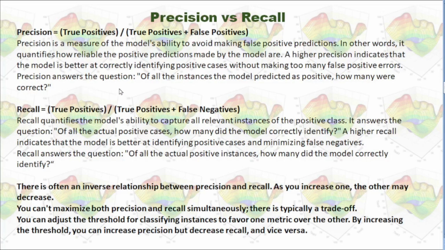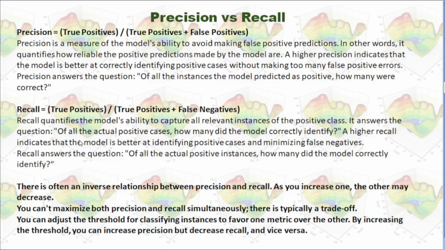Precision answers the question: of all the instances the model predicted as positive, how many were correct? The second measure we usually use is called recall. Recall equals true positives divided by the sum of true positives plus false negatives.